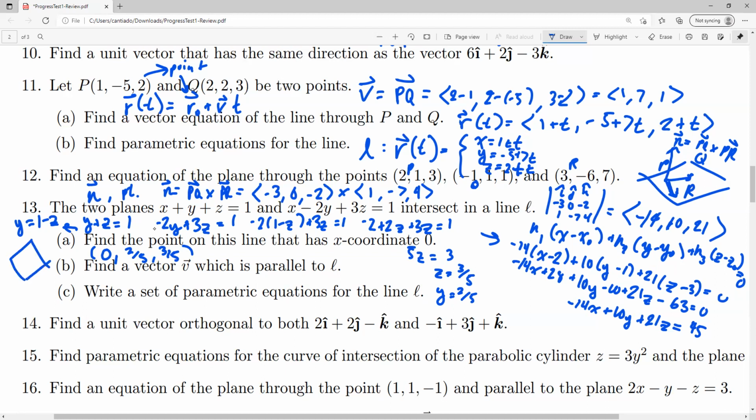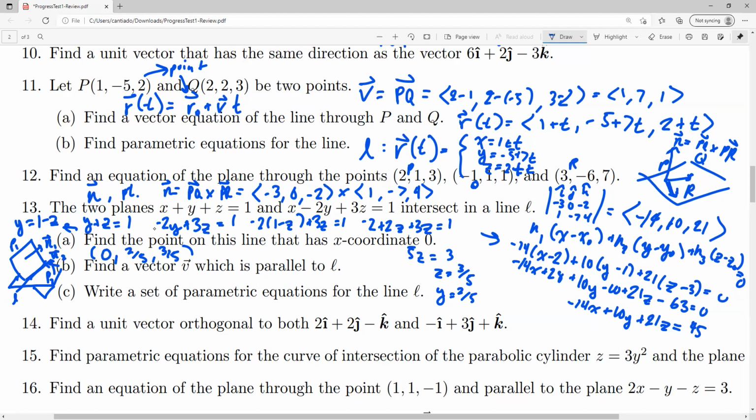Here's the line L, and then let's say that here's another plane, right? So you imagine it like that. This line is L, and then we have plane 1, plane 2. Well, each of these planes has a normal vector to it, right? So here's the normal vector N1, and here's the normal vector N2.